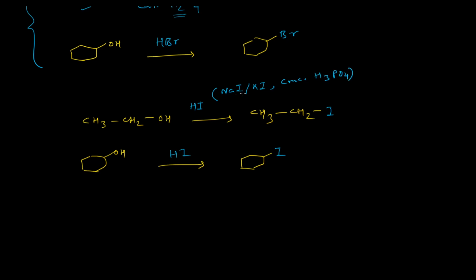If you take either sodium iodide or potassium iodide in the presence of concentrated phosphoric acid, you can also achieve a good yield during the transformation of primary alcohols into primary iodides. And this condition also applies in case of secondary alcohols. The percentage of this concentrated phosphoric acid is generally 95%.